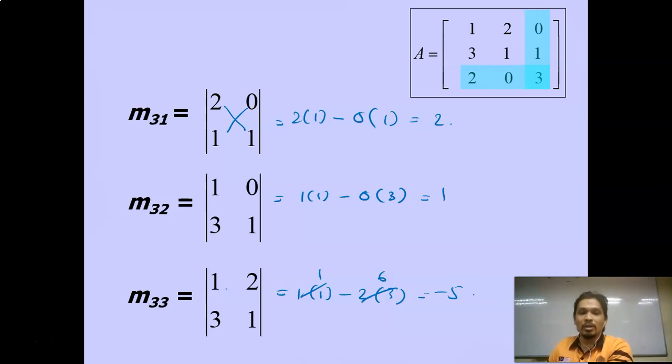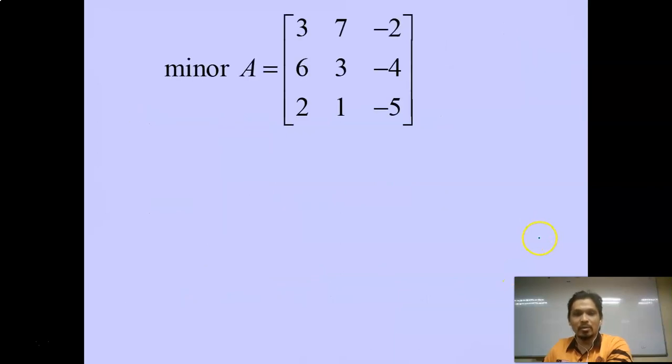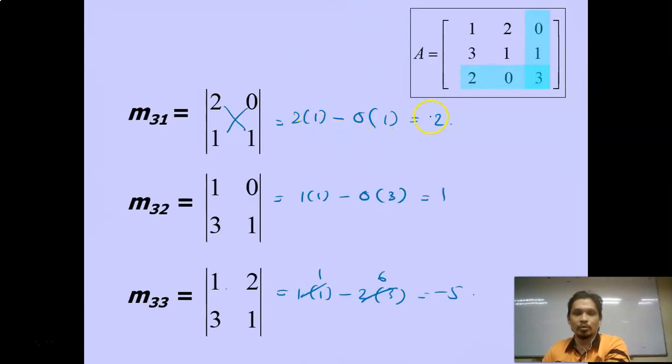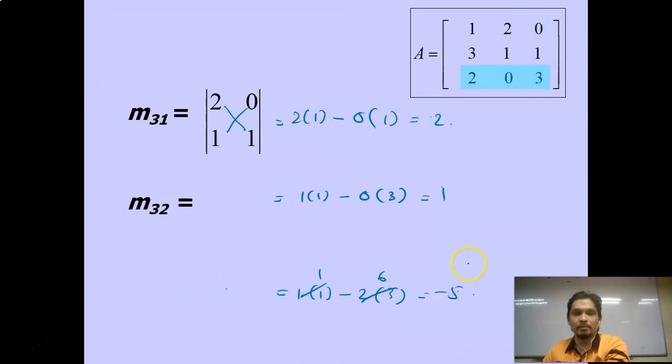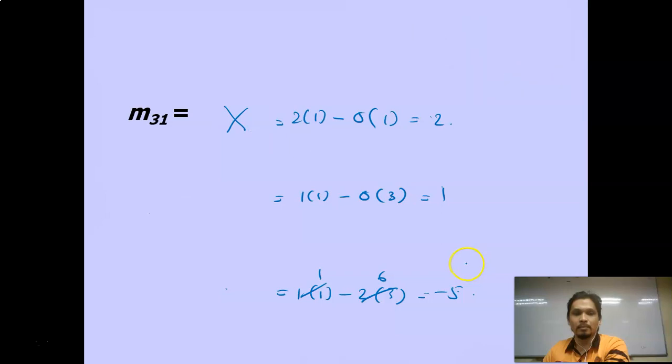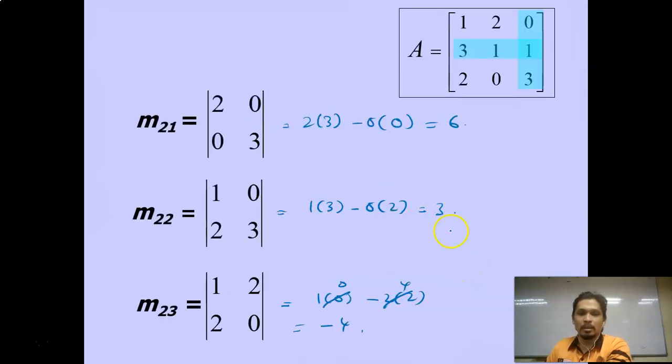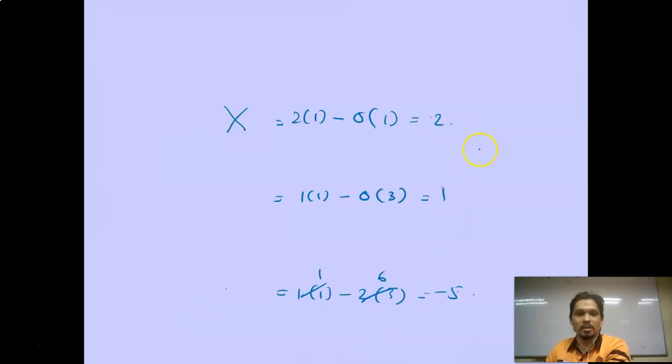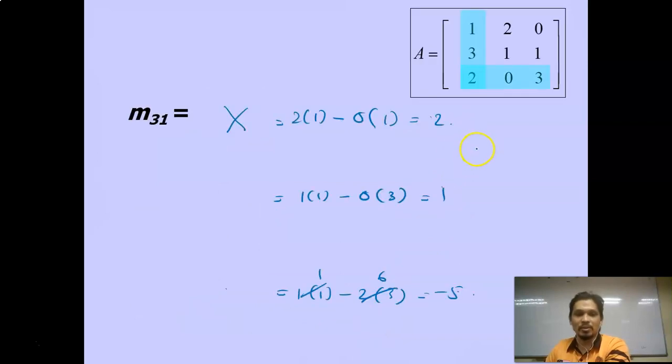So class, we have found all the minors for every single element. Now we will list them all down here: 3, 7, negative 2, 6, 3, negative 4, 2, 1, negative 5. I think all of you have recalled.